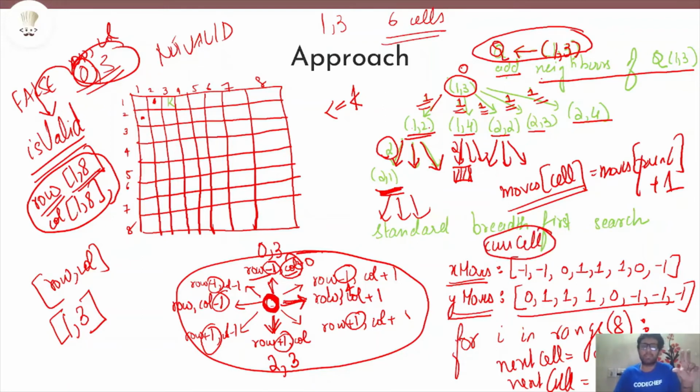After I explore them, those possibilities for which isValid returned true, I am supposed to insert into my queue.